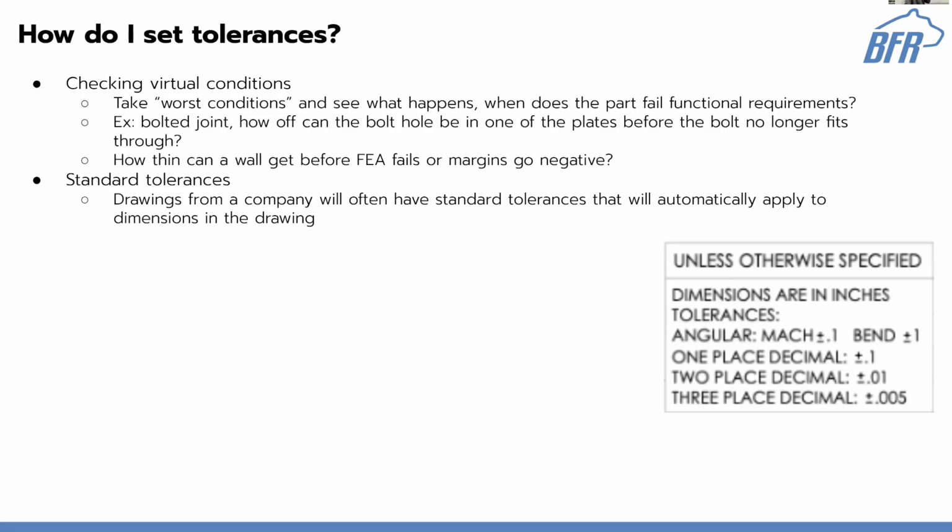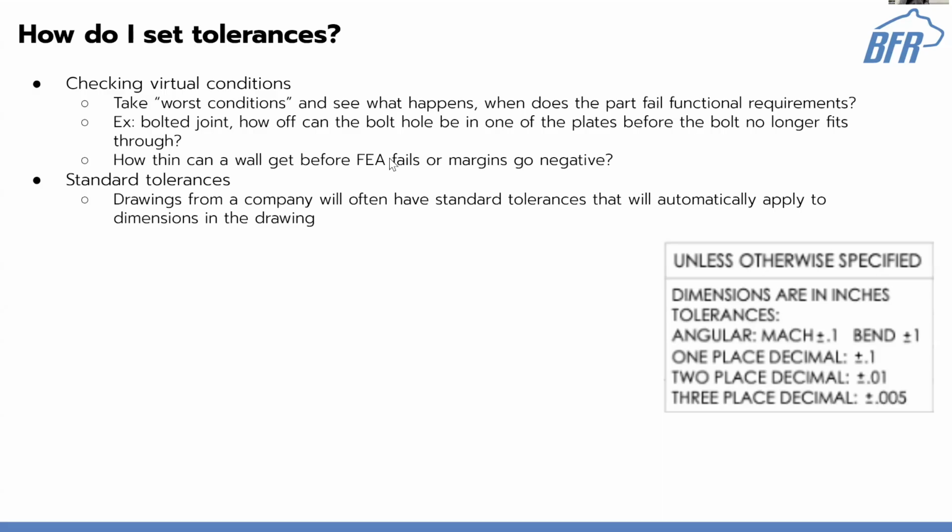Most material condition is often for fitment of bolts and stuff. So you can think about how thin this wall can get before the FEA fails, and I can actually run my FEA at a thinner wall thickness to see how much room I have. Or you just use standard tolerances.